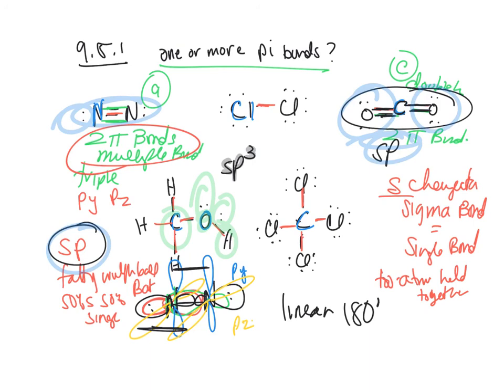Add your superscripts. 1 plus 3 is 4. This carbon is an sp3 because there's 4 things. 1, 2, 3, 4. Add your superscripts. And you'd have to have 4 of those because you need 4 of these skinny wiffle ball bats to make your sigma bonds to each one of those chlorines.